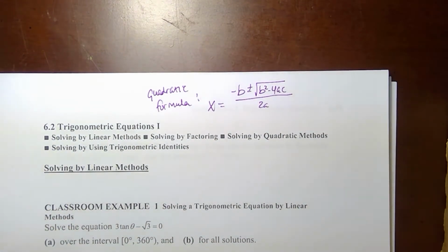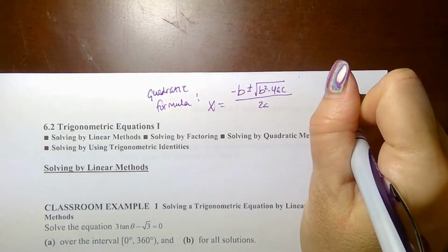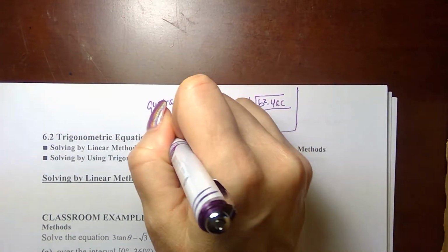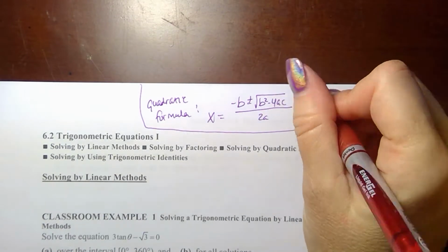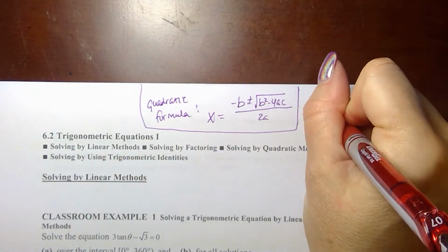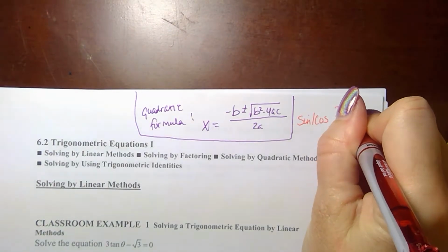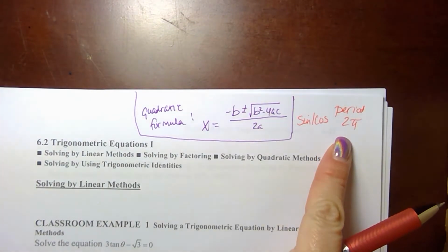Some other information that it's going to be good to keep in mind is the periodicity of our functions. When we were graphing our 6 trig functions, remember that our major functions, sine, cosine, and their reciprocals had a period of 2 pi, and then I divided that by b when I did a transformation.